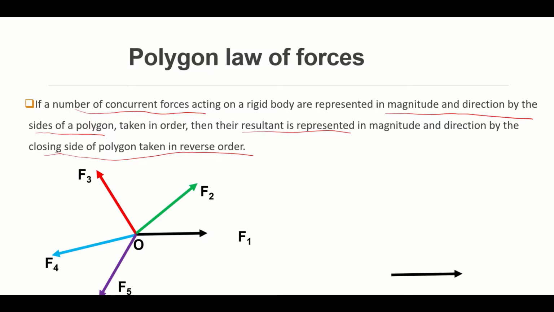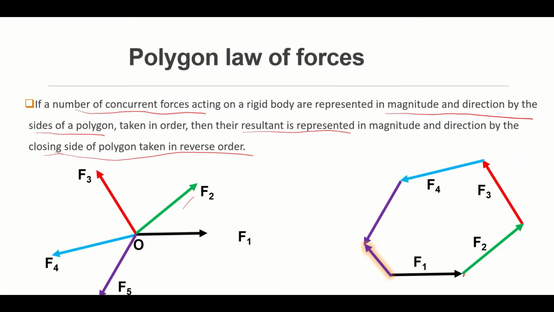Then from the head of F1, just draw F2 parallel to this F2. ഇങ്ങനെ നോക്കാം. Then F3 ക്ക് parallel make a line, F4 ന് parallel make a line, and F5 ന് parallel make a line. So again you can see a gap between the initial and final forces. That is actually the closing side of the polygon, and that is the resultant. This is called Polygon Law of Forces.